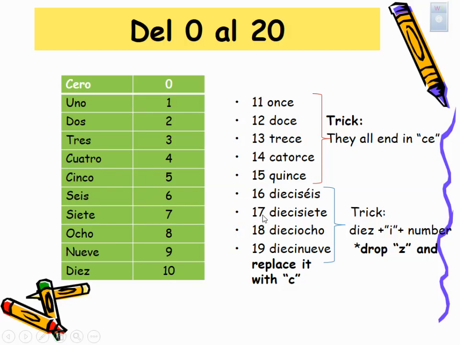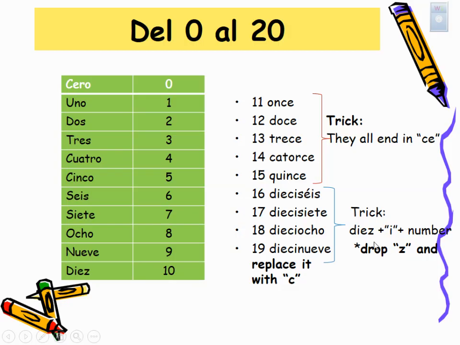Same thing for 17. I write diez, but first I need to drop the Z and replace it with a C. There's the I, and then there's the word siete, which is 7. So 17. Same for 18. I write the number 10 in Spanish, diez, E, and then the number.